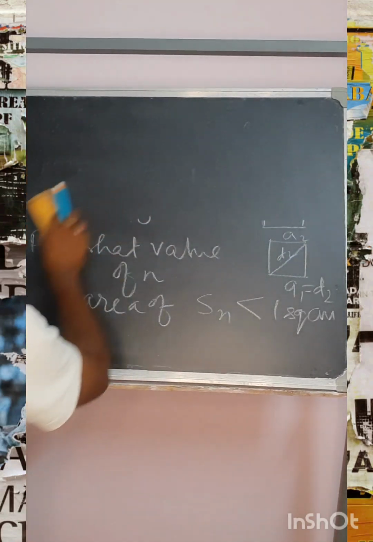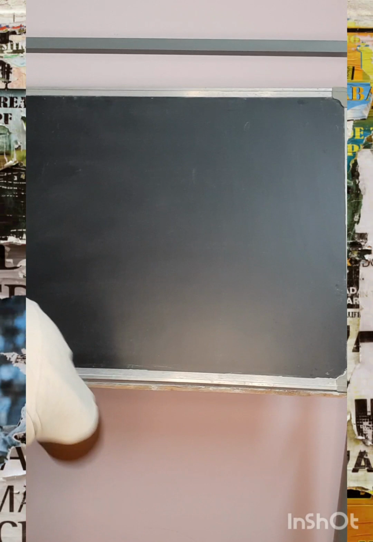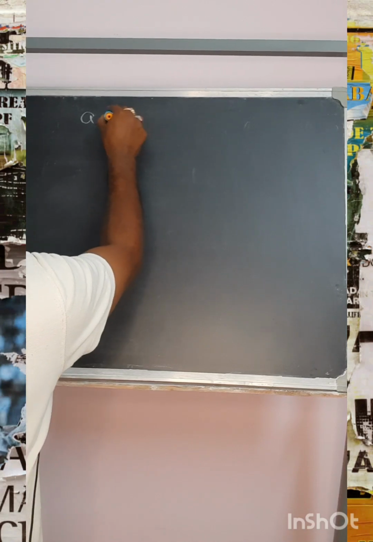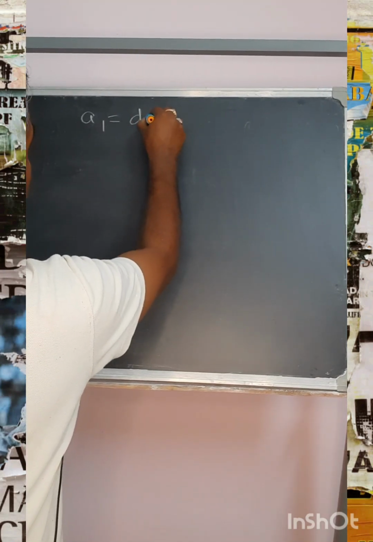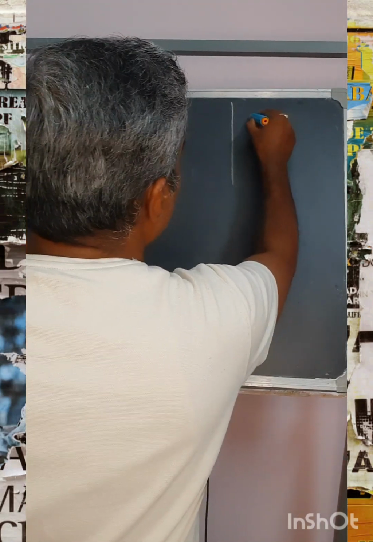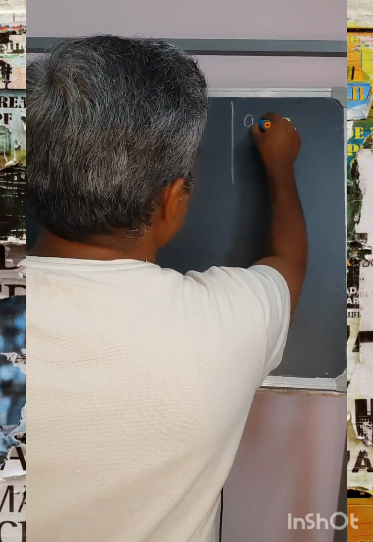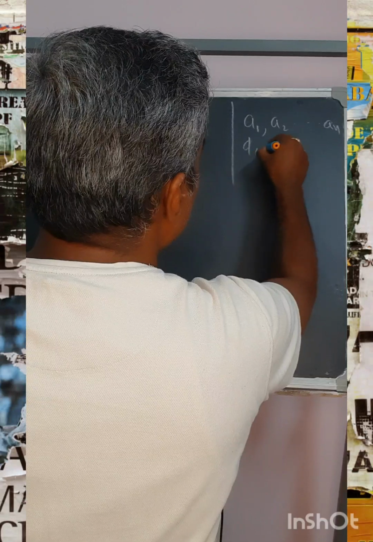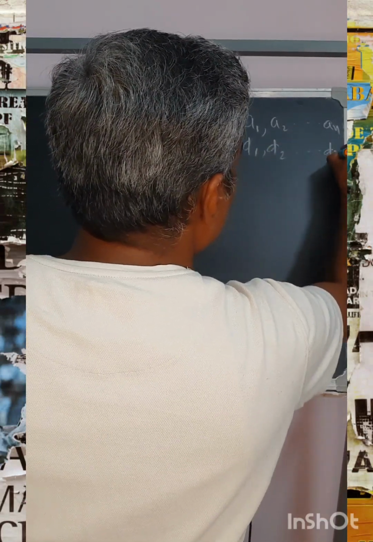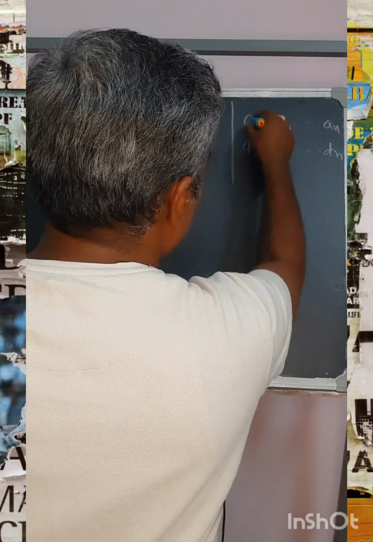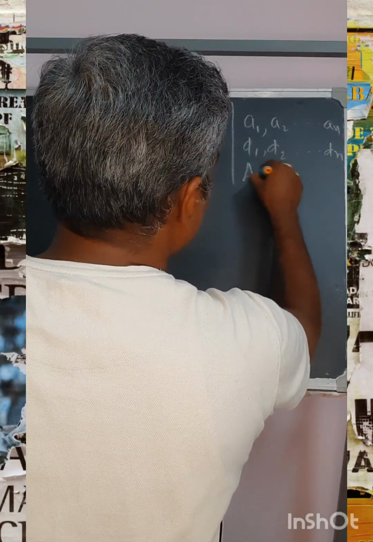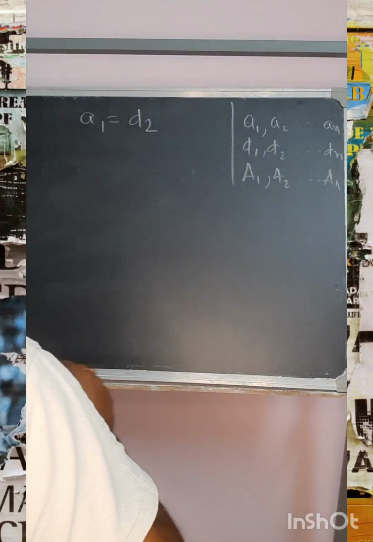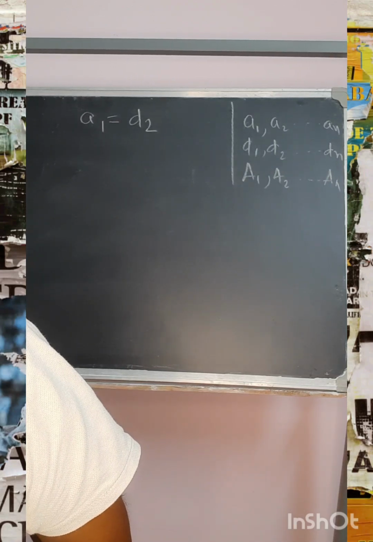As per the condition, a1 is equal to d2, where I am considering the arm lengths of the squares as a1, a2 up to an, the diagonal lengths as d1, d2 up to dn, and the areas of the respective squares as capital A1, A2 up to An.